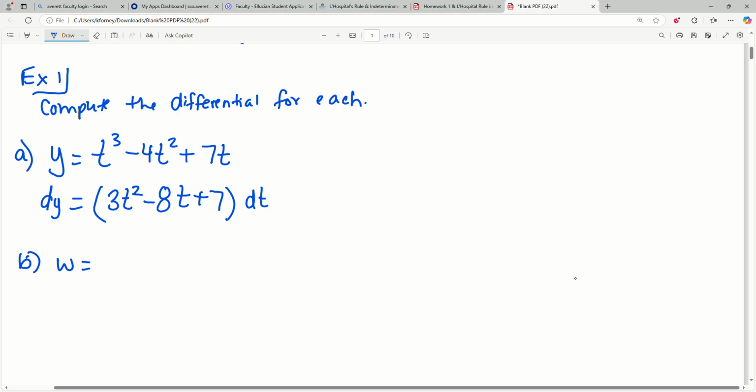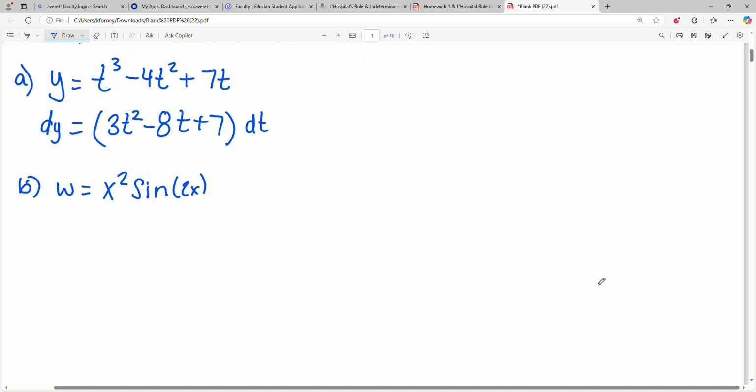For the second one, w equals x squared sine 2x. So we want to find dw, the derivative of w.